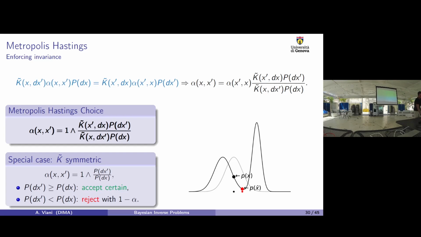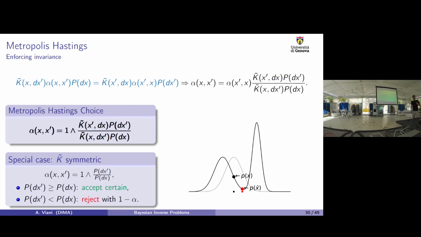If you choose a kernel that is very, very peaked, and you have two regions that are not connected, and you choose a very peaked Gaussian distribution and you start from one region, you cannot move into the other. The choice of alpha tells us that the kernel is invariant because of the detailed balance condition.